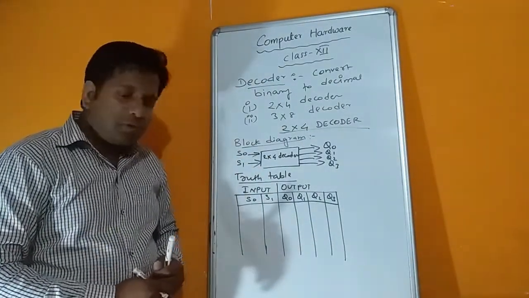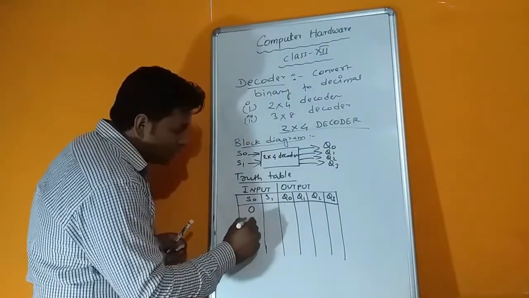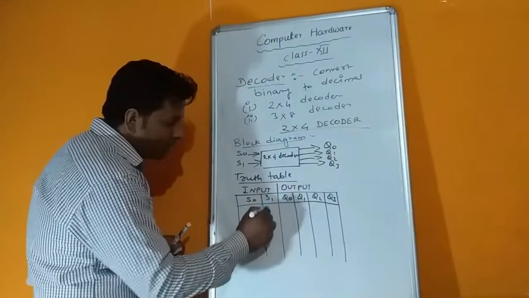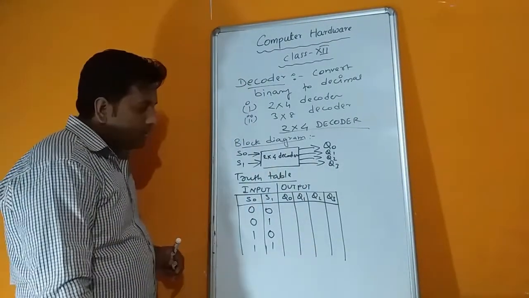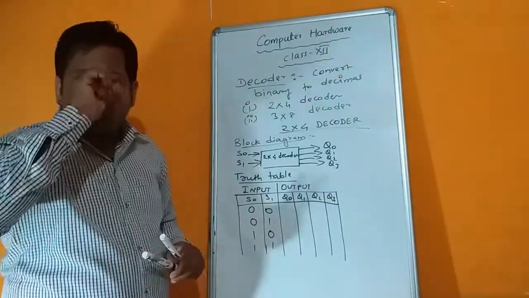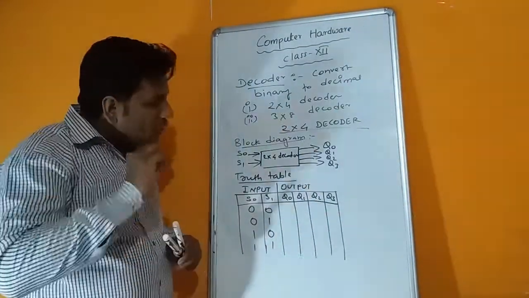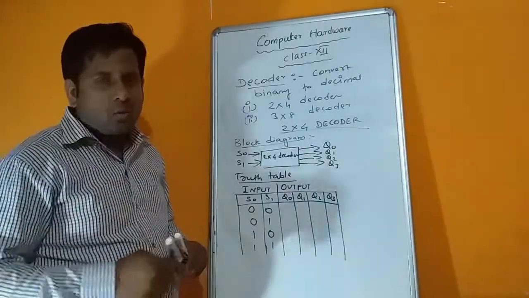Now see, we have 2 inputs. So whenever there are 2 inputs, 2 0s, 2 1s: single 0, single 1, single 0, single 1. Now in case of output for decoder, you have to follow the diagonal. The diagonal should be 1. Remember, the left diagonal should be 1.